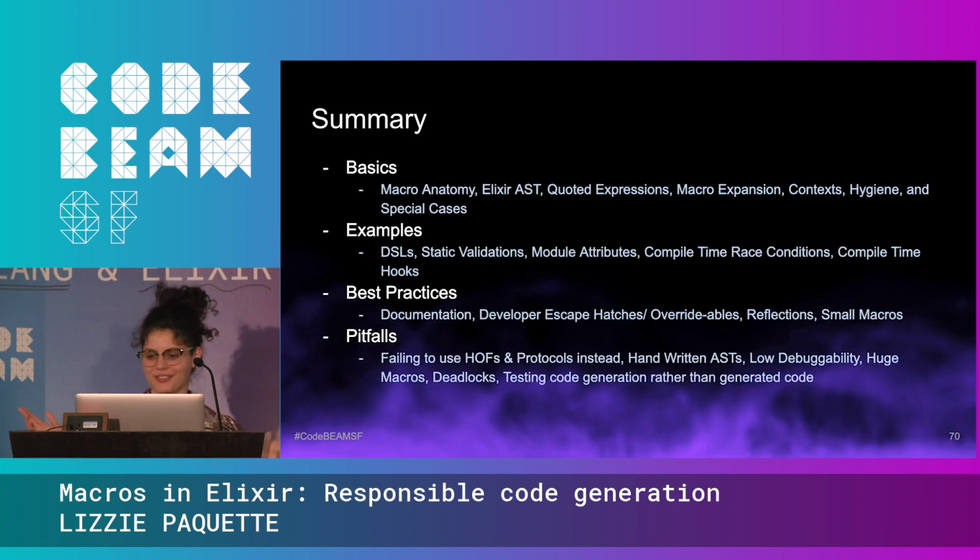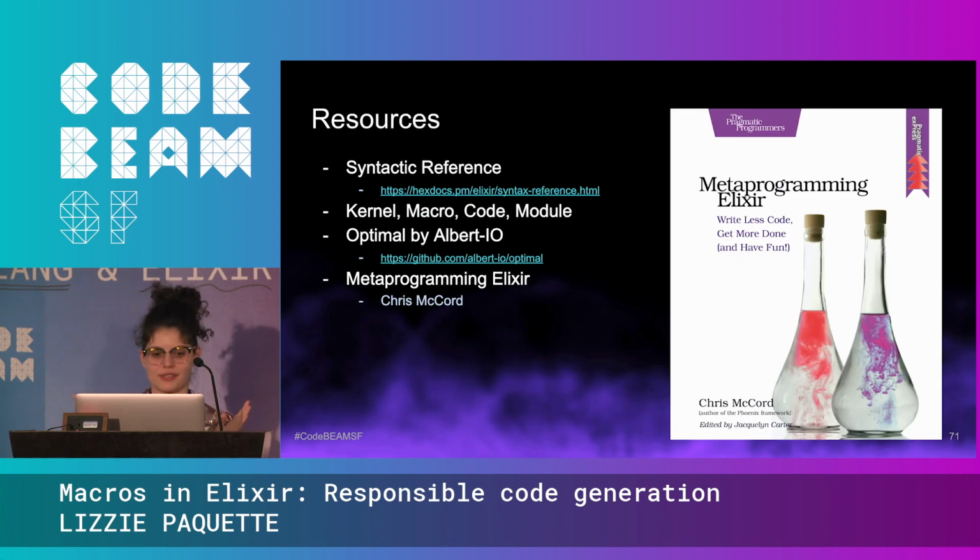This is what we covered. It's a lot of topics, but hopefully you have a handle on what you need to go write your first macros. Some resources: the syntactic reference for Elixir is excellent. Any syntactic sugar you might see around, where you wonder why there are three different ways to write keyword lists, the syntactic reference makes it very clear what is equivalent and what isn't.